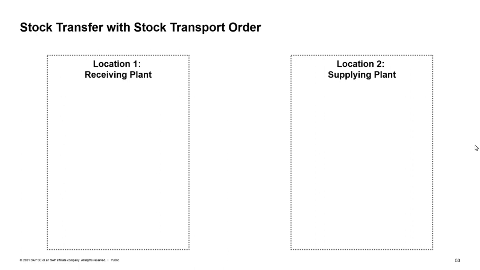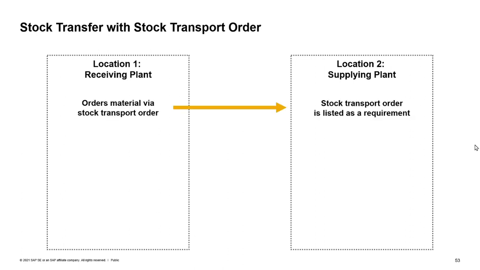At the beginning of the session, we talked about the procurement cycle and what steps are required to procure material from an external business partner. This slide represents what steps are required for procurement when the source of supply is a plant that already belongs to our company. The first step is to create a purchase order with document type stock transfer order by the receiving plant and send it to the supplying plant.